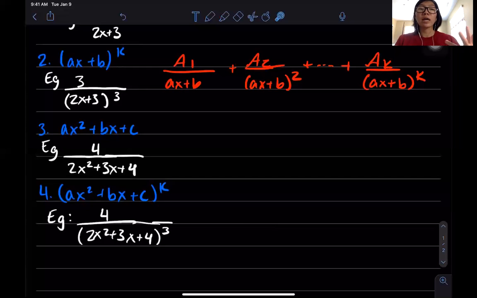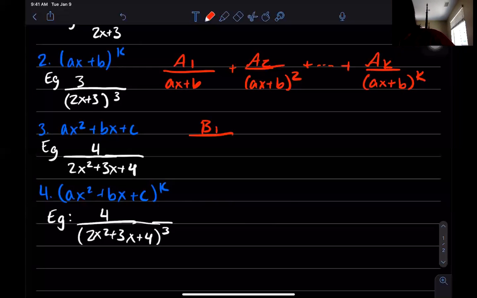So the third case is also a case that we like. Basically, if we have a quadratic in the denominator, what we want is for that quadratic to be factorable. If we can factor that quadratic, what we would get is something like b1 over ax plus b, plus b2 over cx plus d, right?